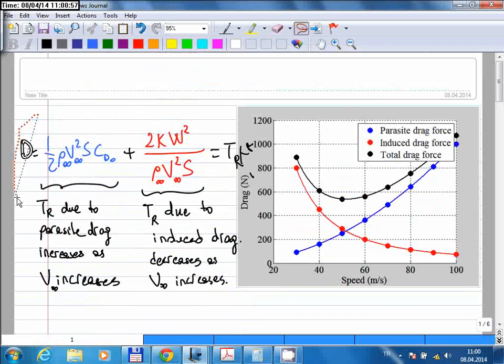This is the drag equation, which is also the thrust required equation. And as you see, that is a function of the speed, obviously. So if you differentiate this equation with respect to speed and equate that to 0, that will give you the point where the slope of that curve becomes 0, which is the minimum point here.